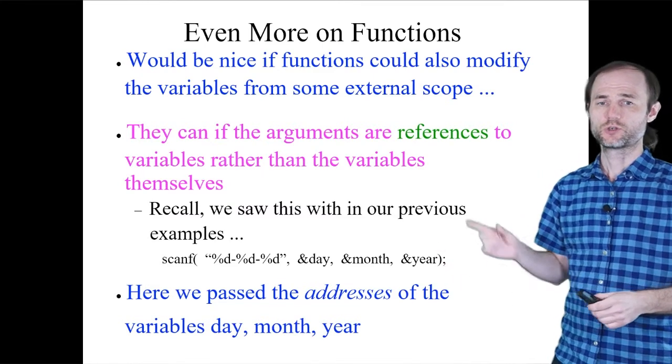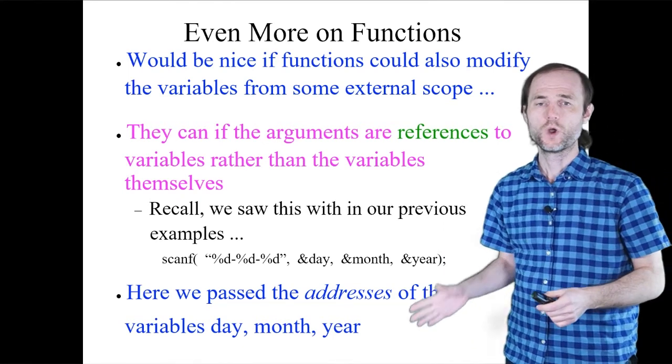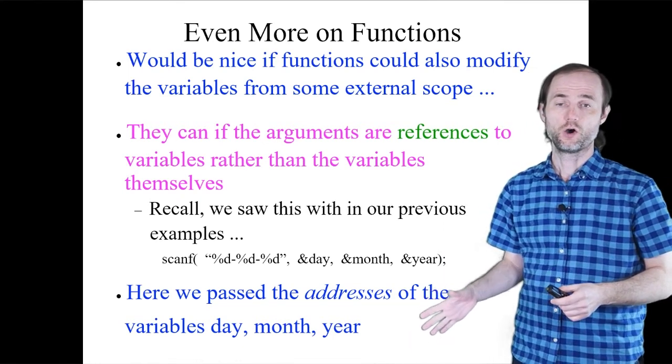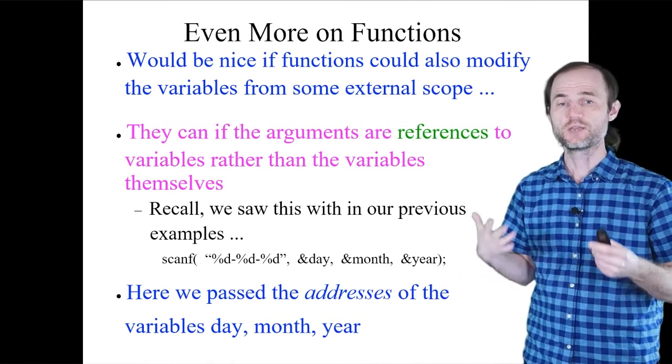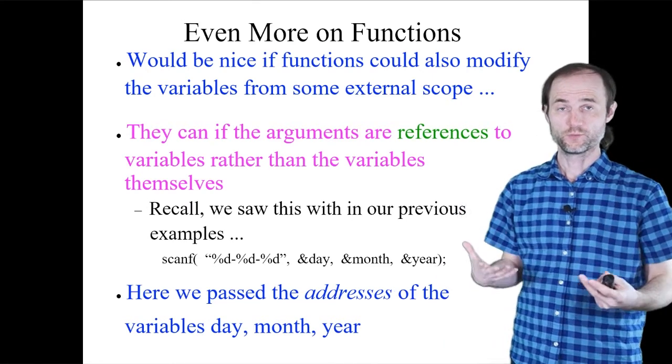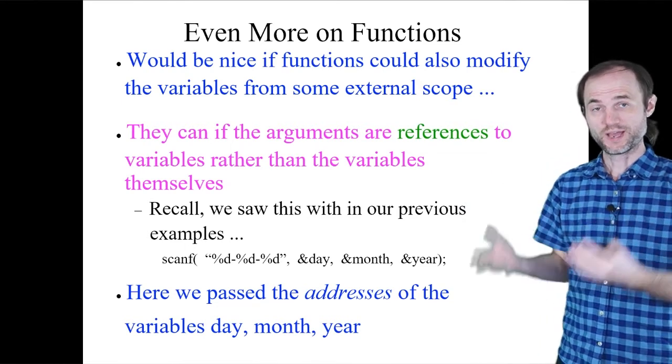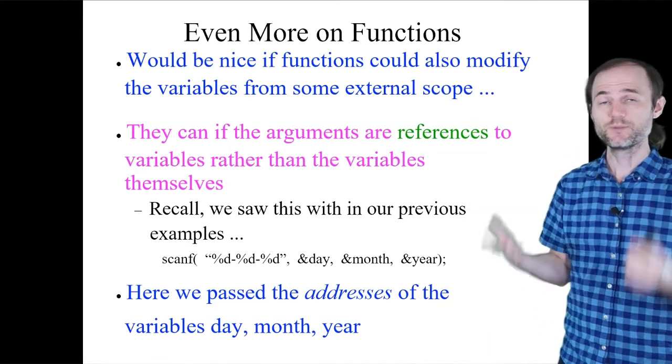So that is the key difference. When we pass the addresses of the day, month, and year variables to scanf, the variables whose addresses we pass can be changed by scanf.